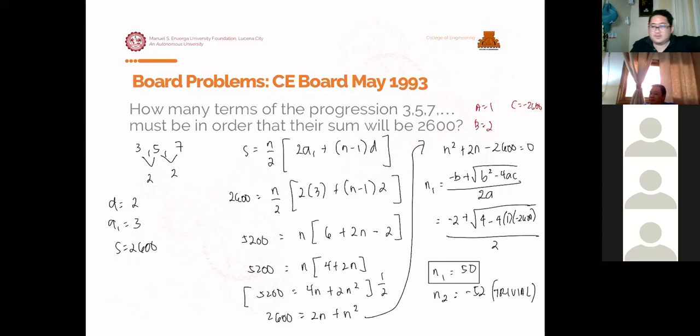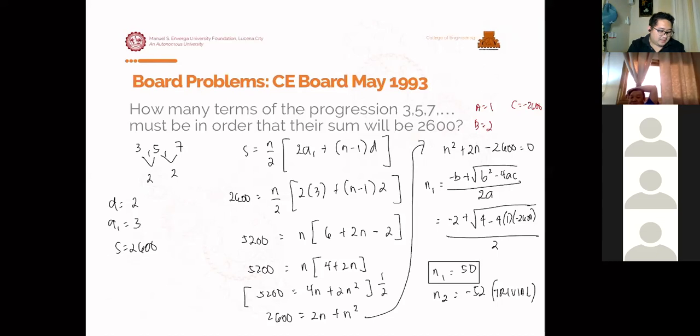Wait lang. Ano po ulit? Wala tayong mas simpleng formula. Simpleng formula, i-factor nyo po, sir. Kung sa calculus po, mode 5 po kayo, Equation.